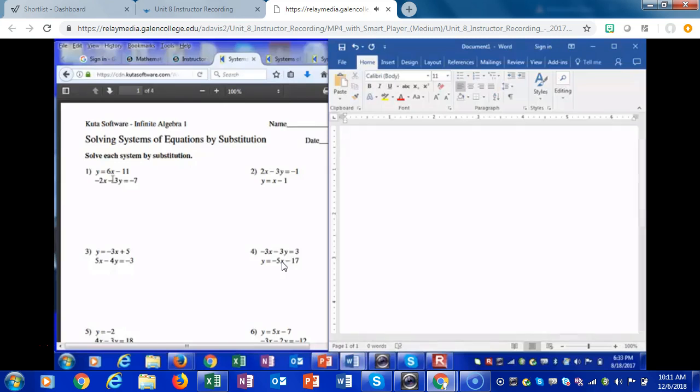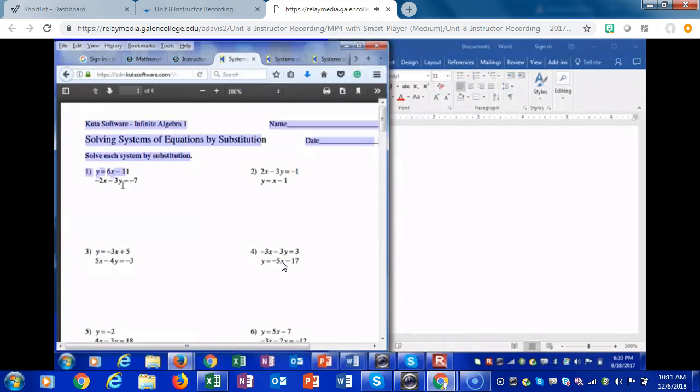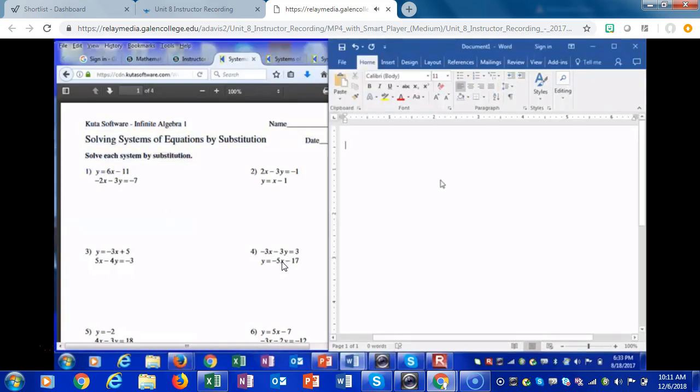It says y equals 6x minus 11 and negative 2x minus 3y equals negative 7. What I'm going to do is input this 6x minus 11 in for this y. This is what it looks like: negative 2x minus 3 in parentheses.